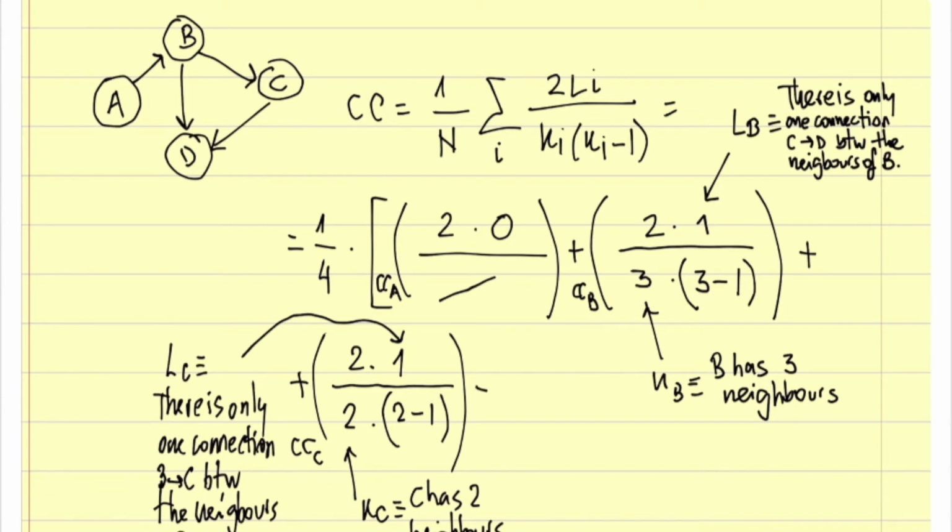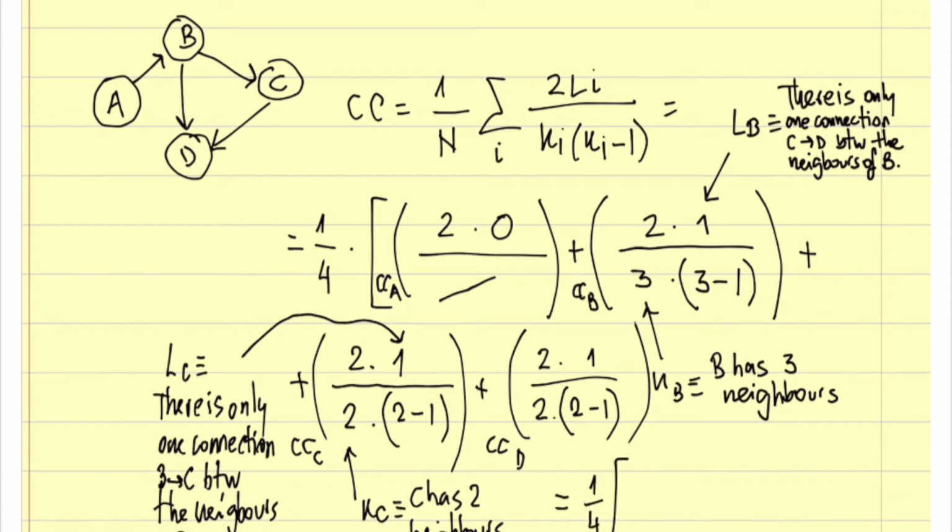Understood? Very good. So let's do together also then the D. Come, just tell me what should I... 2 times 1. Okay, good. Divided by? Very good. So, and this whole thing, it just equals 1 divided by 4.